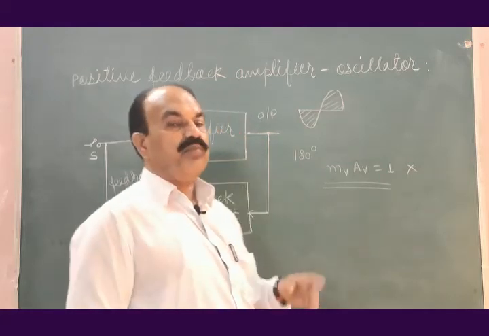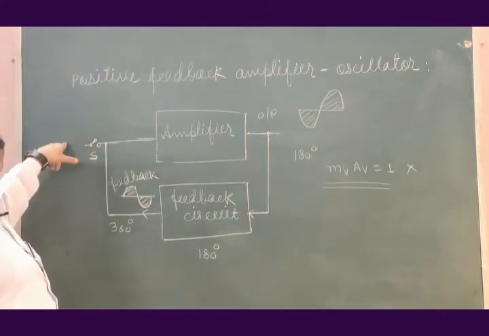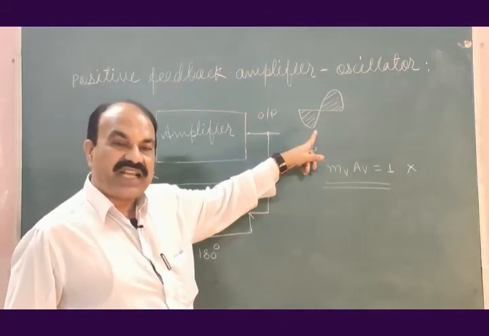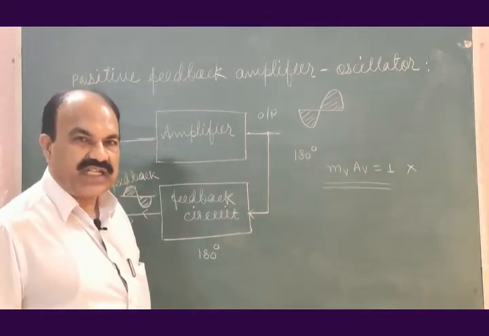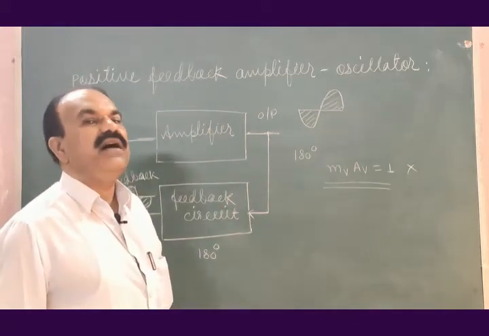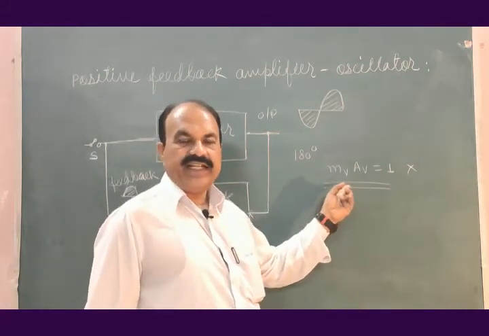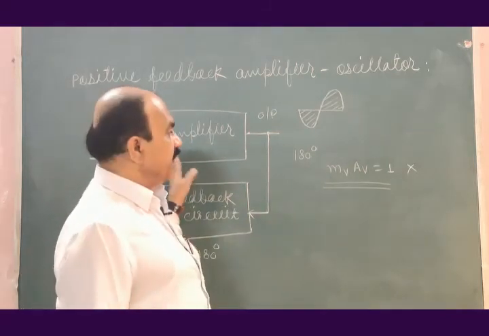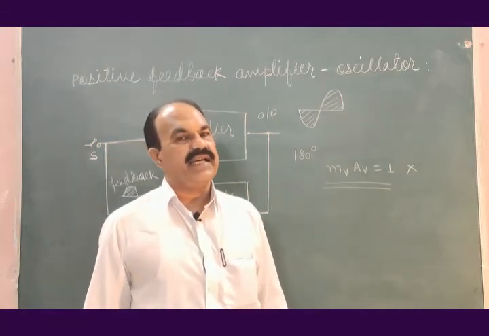Okay, so a positive feedback amplifier with zero input AC voltage, which produces sustained sinusoidal oscillations of desired frequency, works as a sinusoidal oscillator. For this circuit to work as a sinusoidal oscillator, this condition should be met, and this condition is known as Barkhausen condition. If this condition is satisfied, then only the positive feedback amplifier can work as an oscillator.